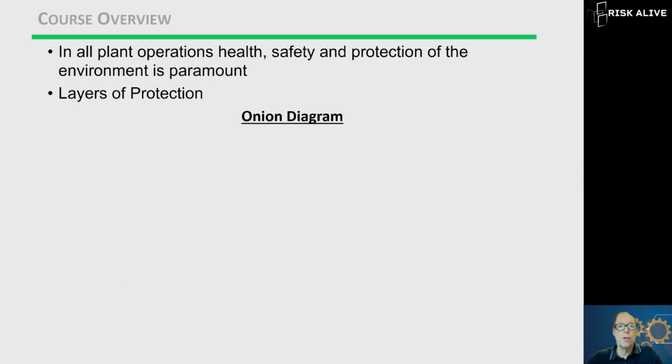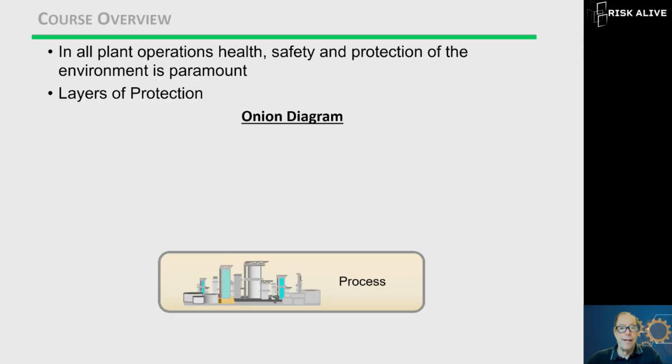So here's a few things that we're going to look at. We look again from a safety perspective. Sometimes we talk about layers of protection. And one way to present this is with an onion diagram. It really starts with our process people designing an inherently safe process. That's our starting point.